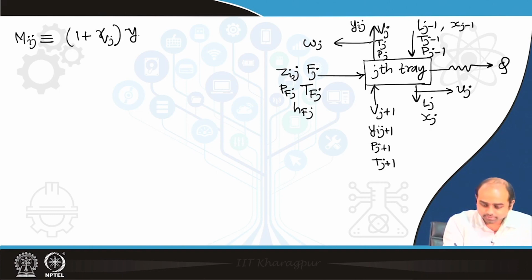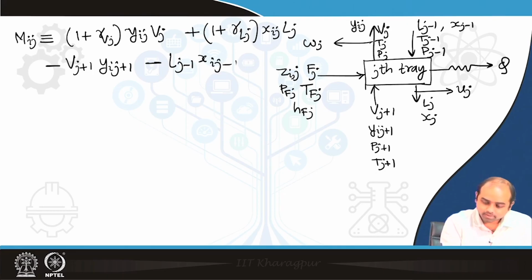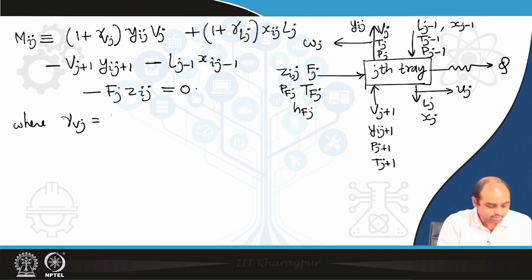This is the vapor that is into the system, plus the liquid that is into the system, minus the vapor leaving the system, minus the liquid leaving the system, and minus the feed that is introduced into the system, where gamma Vj is the fraction of the side cuts.